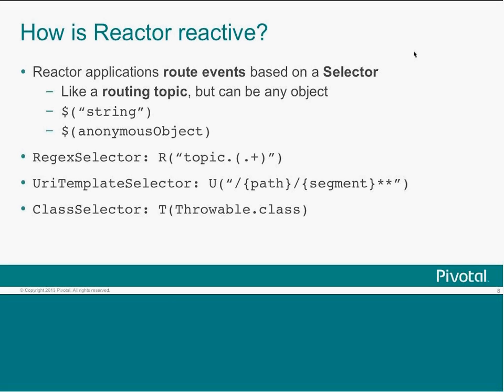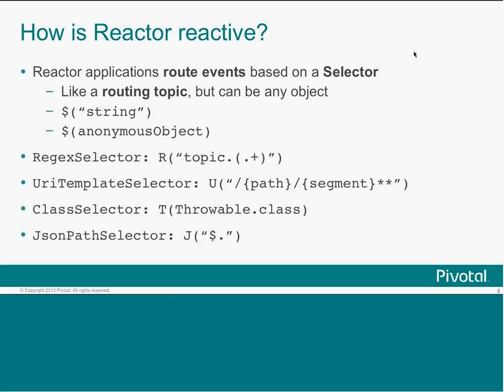We have a class selector, which is how we notify a lot of errors. When we notify on a Reactor, we use the class of the exception so that you can do hierarchical handling of exceptions. There's an optional JSON path selector, which can interrogate the key object, and you can put a JSON path filter in there to interrogate what's coming in.